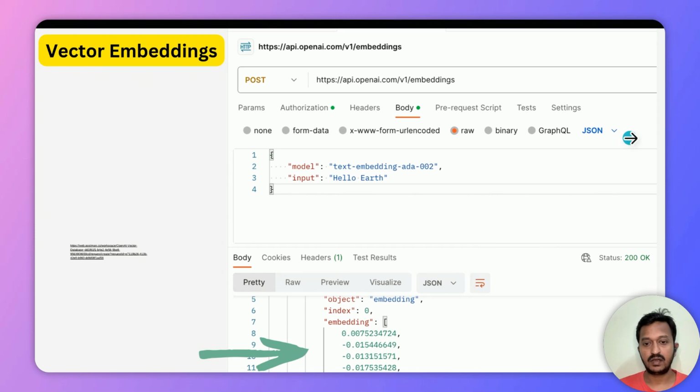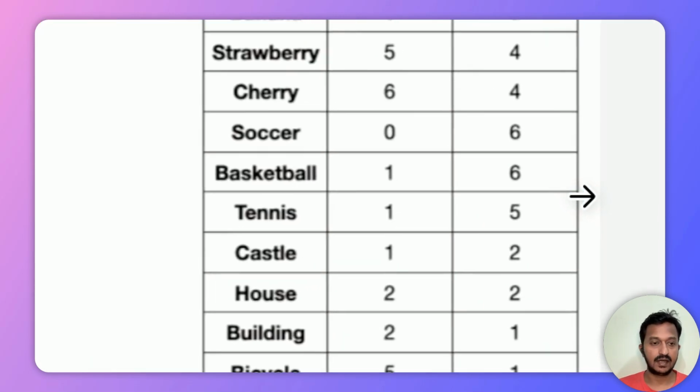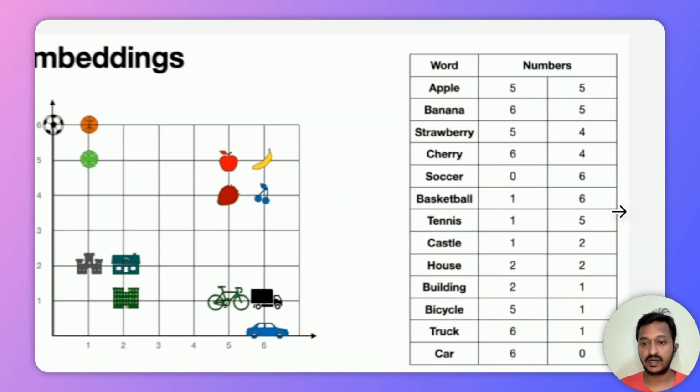So you can change the input, and there are also many embedding models from different platforms like Cohere and Hugging Face. All these platforms also give you embedding models where you can convert any text into vector embeddings. Basically, the text gets converted into numerical values, right? And again, that's how the same vector embeddings are stored in a vector database.